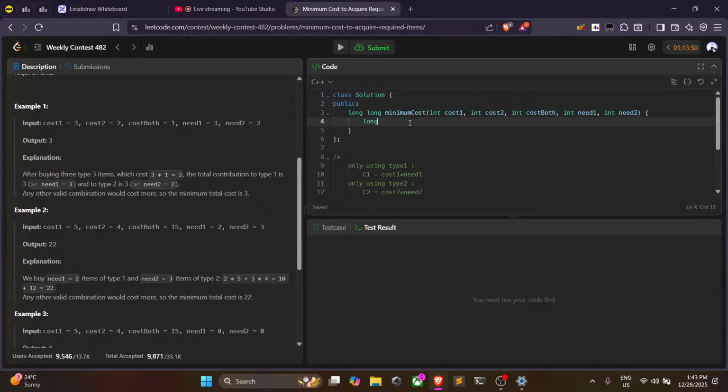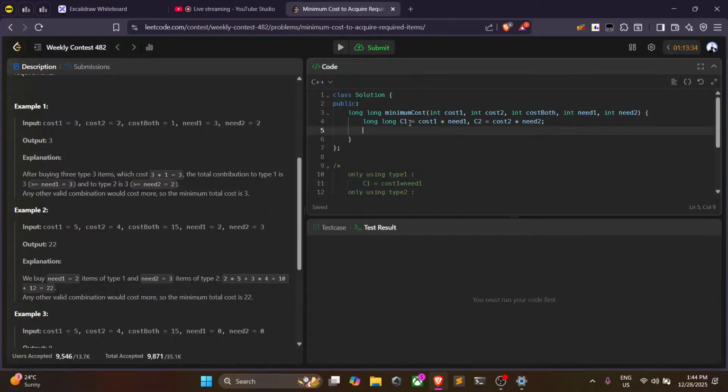Let's say C1 is actually cost 1 into need 1, and C2 is actually equal to cost 2 into need 2.